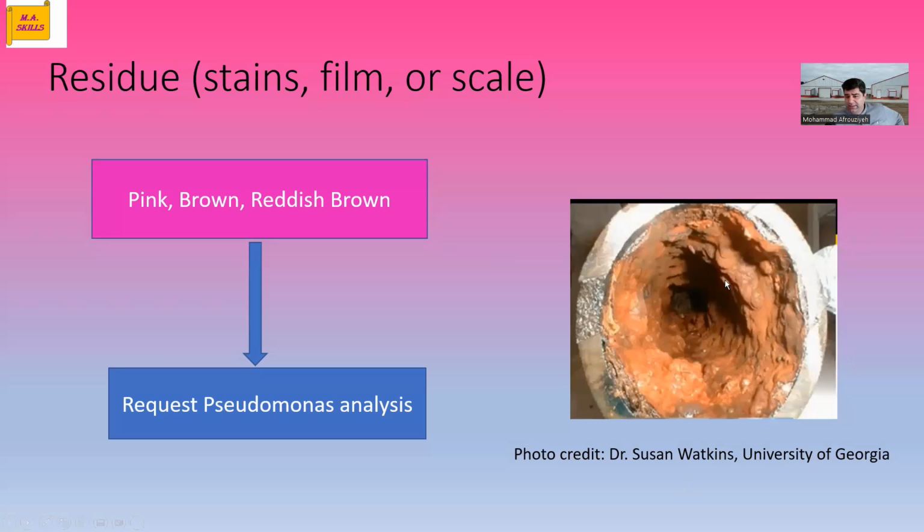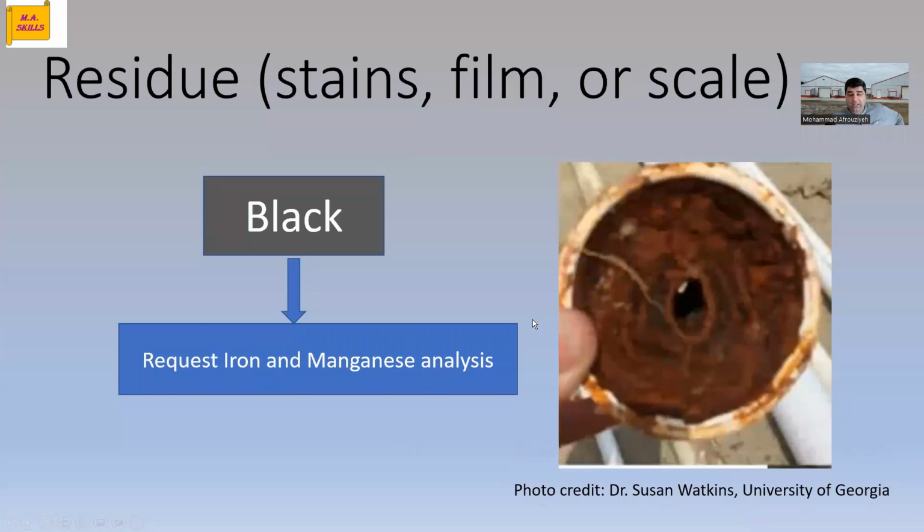And here you can see how it looks, the brown and reddish brown scale in your water system. If you see black stains or film or scales in your water line, then request iron and manganese analysis.